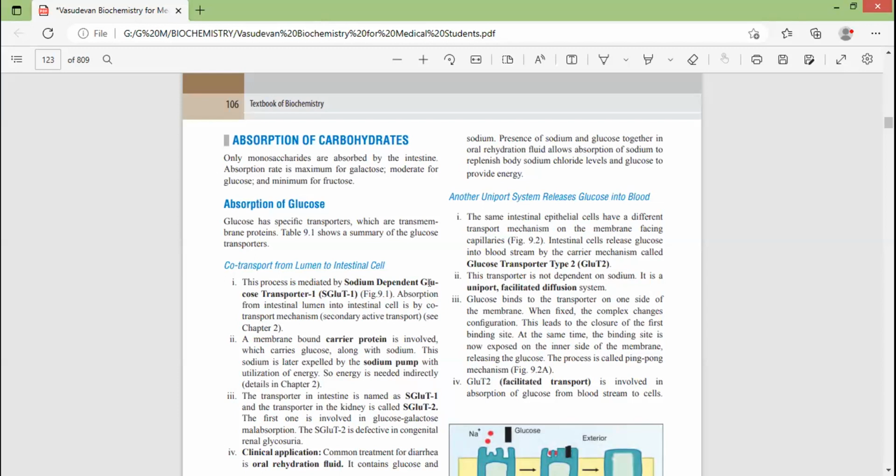So let's start with carbs. You've eaten your carbs, for example, chapati, ugali, biscuits, such things. When it reaches the body, enzymes will break it down to monosaccharides, because it's only a monosaccharide that can be absorbed by the intestine.